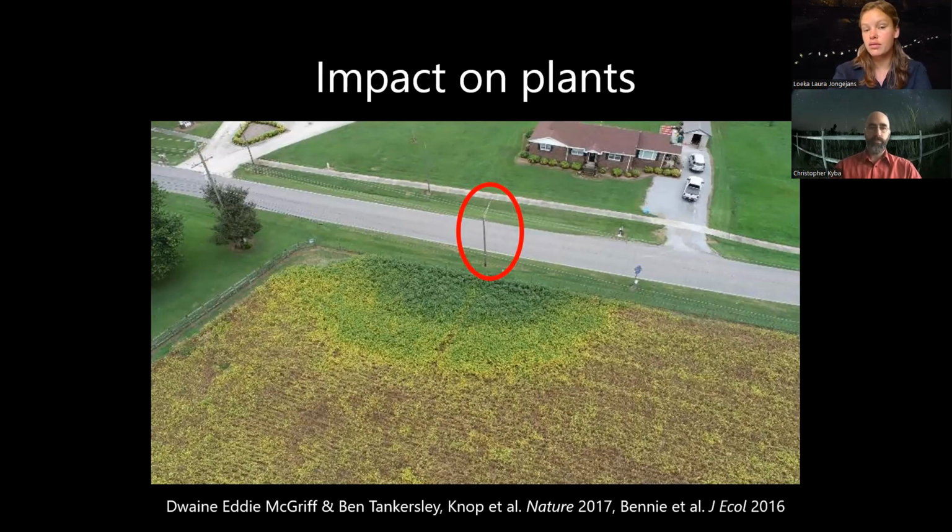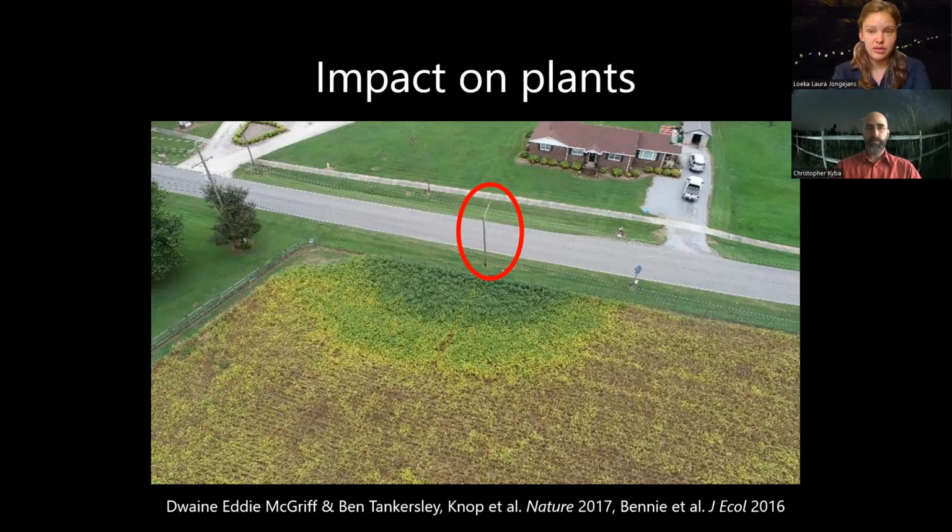Now you might think, well, green is good, no? But actually these plants at this time of the year are supposed to make seeds, and by that they turn brown, and they are not doing this, or only later in the year. And these are only a few examples of the many effects that artificial light at night has on the environment.